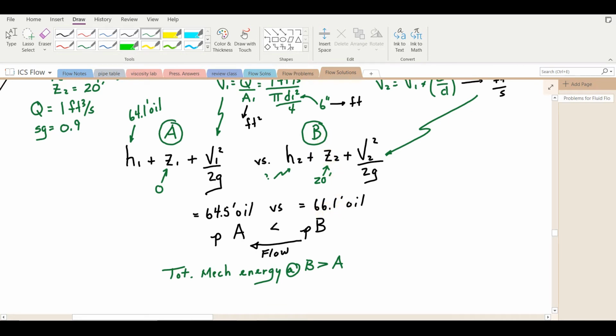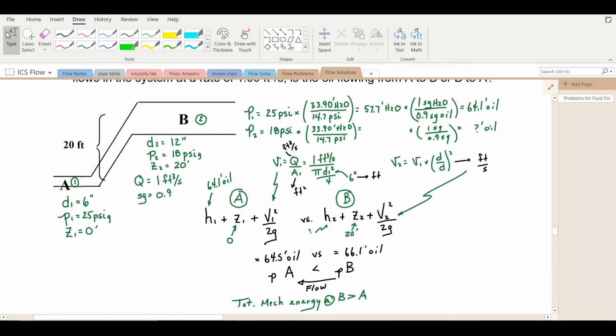So in fact, the total mechanical energy at B is greater than A, and so the flow would go from B to A. So it goes from lower pressure to higher pressure, because we have to consider all forms of energy. Interesting.